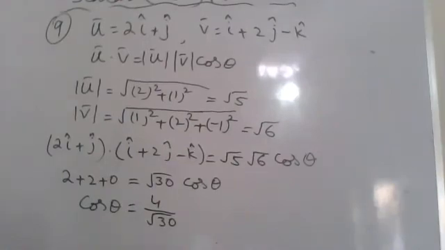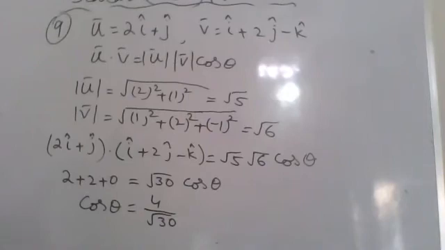Find the answer. Cos theta will be equal to 4 divided by under root 30.